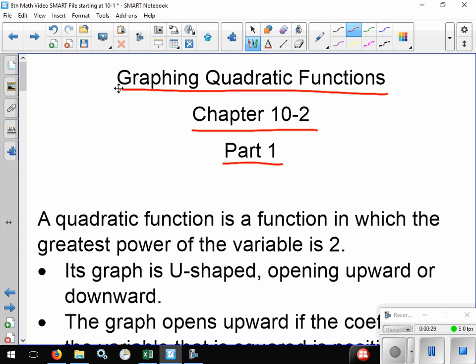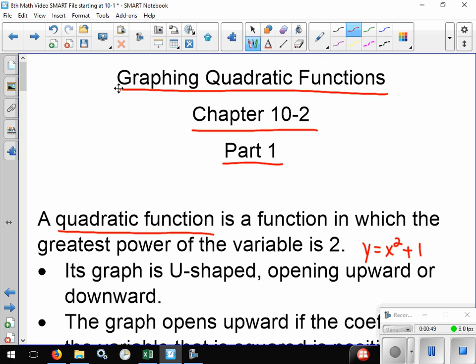What is it? Okay, so yes, you're writing this down. A quadratic function is a function in which the greatest power of the variable is 2. Remember we talked about how some equations had variables like y equals x squared plus 1, for example.